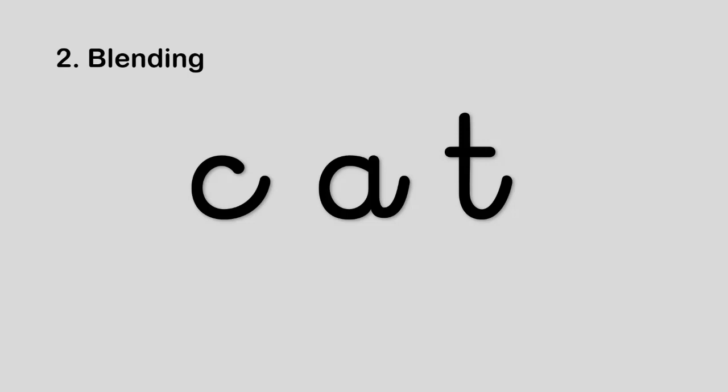And they might need you to really exaggerate the blending. So you might have to go c-a-t to get them to hear that it says cat. For some children, you might need to go as far as c-a-t and see if they can hear the word cat. What you're aiming for eventually is that all children can go from k, a, t to cat, but this might take some time.